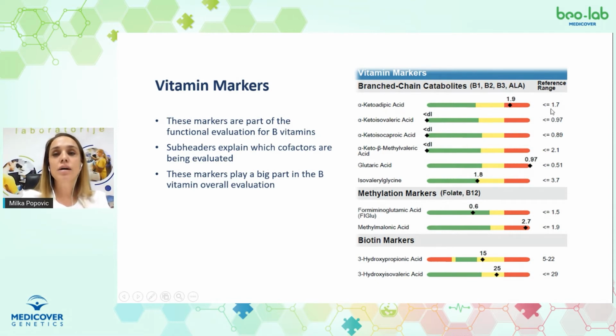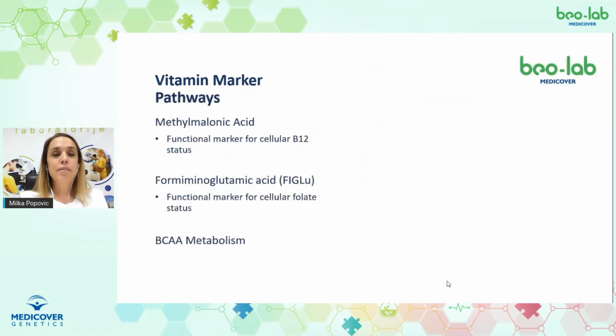We've got this first section which points to the markers of branched chain catabolites, which will show us the need for B1, B2, B3, the methylation markers, folic acid, methylmalonic acid markers, and finally the biotin markers, which will point to the need for the presence of vitamin B7.